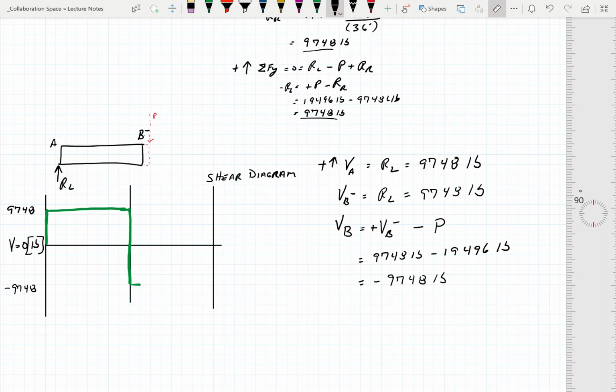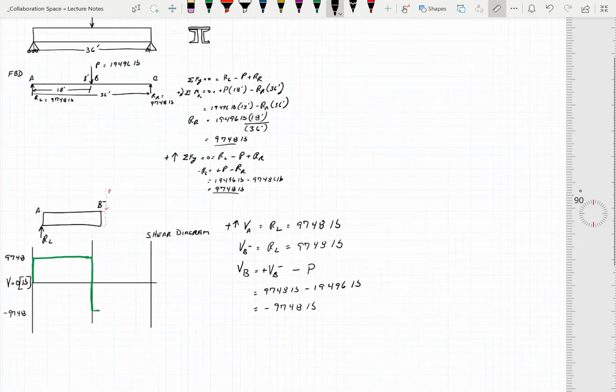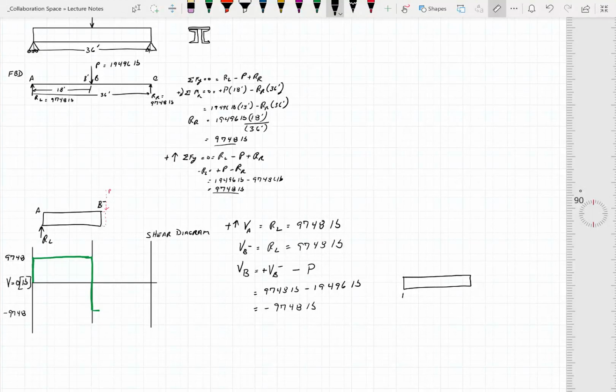Okay? Now, this is what's happening with the diagram now at RL, P, okay, and that's at A, and that's at B. And that's the diagram that goes with that for the free body diagram, okay?